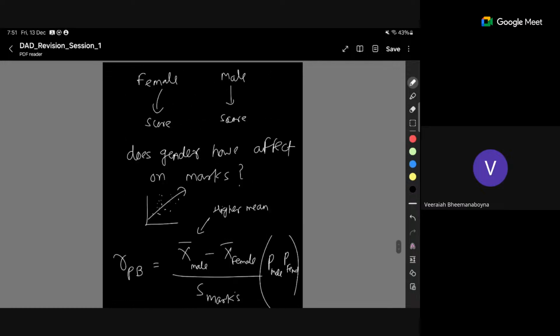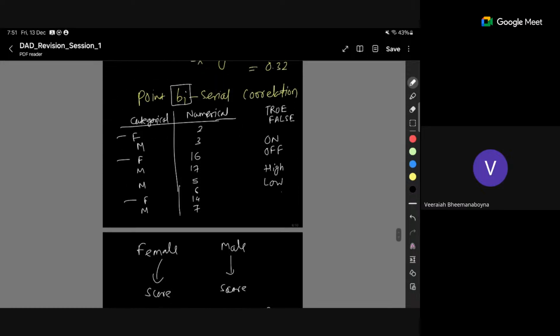You have to figure out the mean of male. The mean of male is 3 plus 17 plus 5. So I have to sum this: 3, 17, 5, then 1, 2, 3, 4. Oh, only 7 are there.